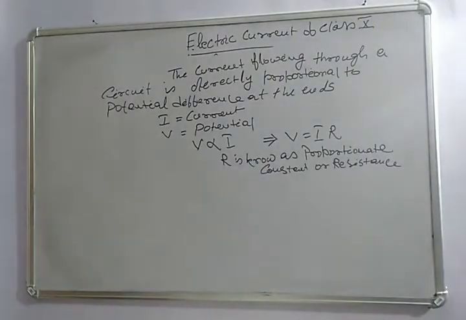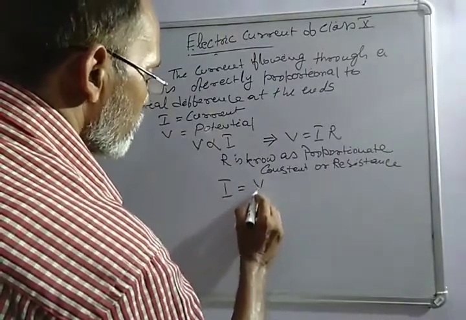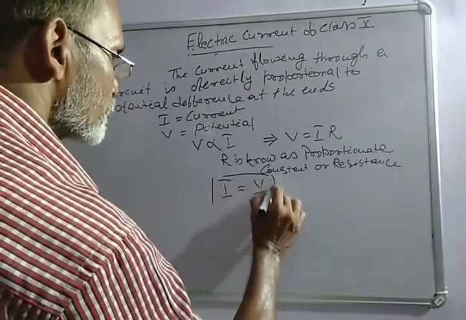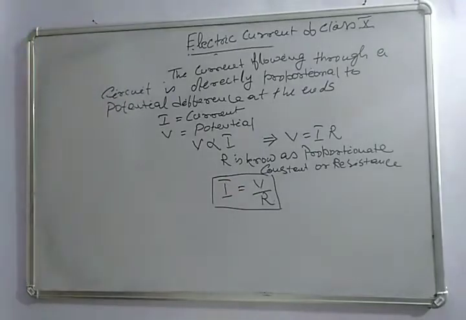So according to this law, I is equal to V by R.